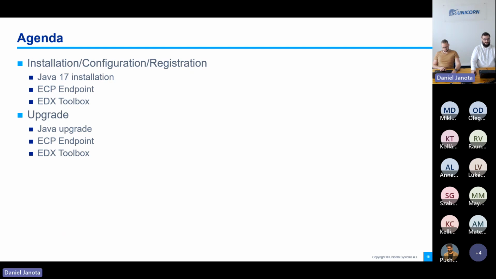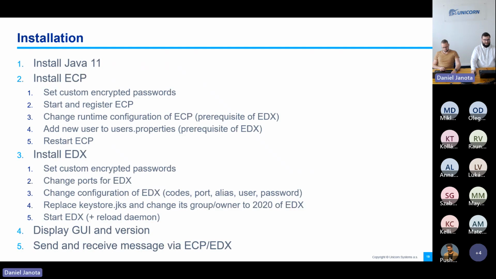Regarding the upgrade, we will upgrade Java if it's necessary for this release, and also upgrade ECP endpoint and EDX toolbox. So let's start with installation. As I mentioned, we will first install Java 17, a little typo in the presentation, sorry for that. We'll install Java 17, and then both ECP and EDX applications together with encrypted passwords.